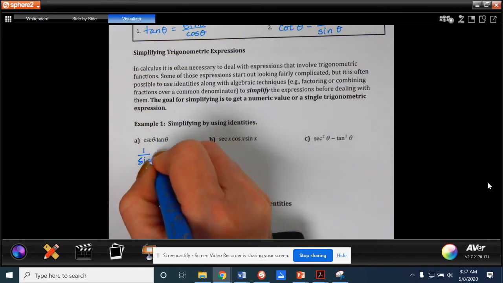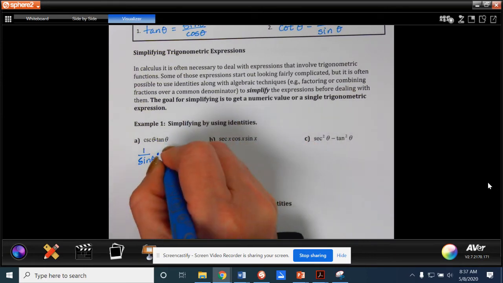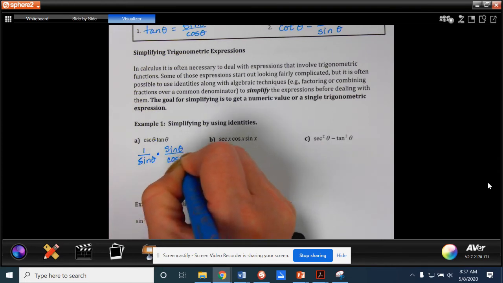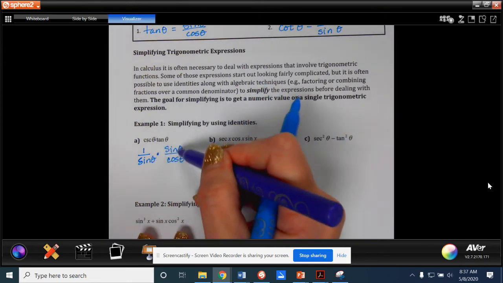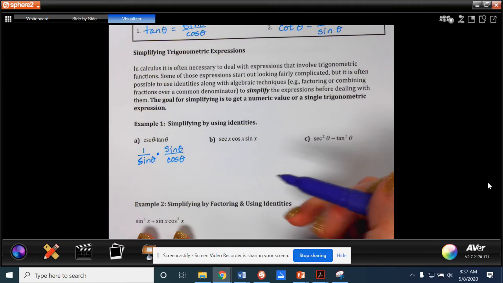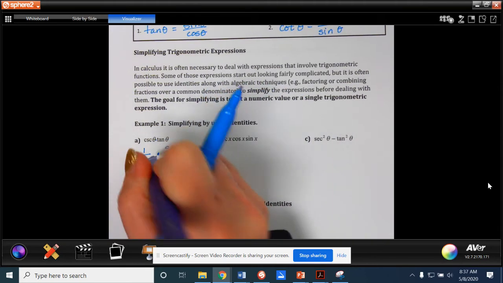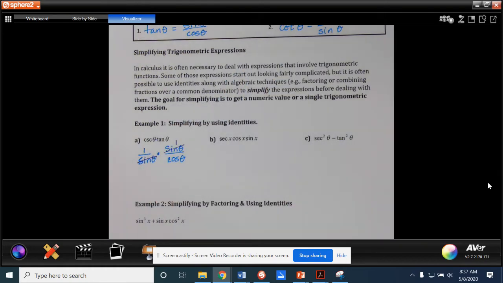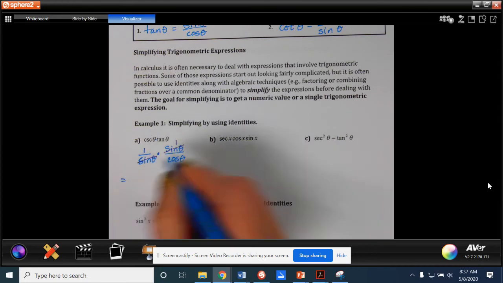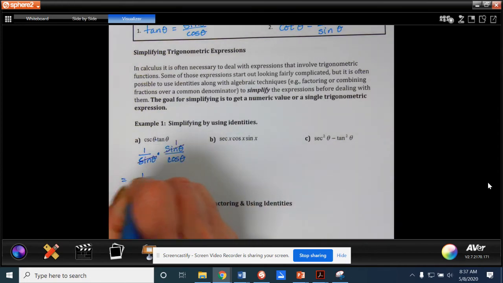And then tangent, remember this is being multiplied, is sine over cosine. Well, super nice, because now, just like if this is 1 over 2 and then 2 over 3, I can simplify. Sine divided by sine is 1. Anything divided by itself is 1. So now just multiply straight across.